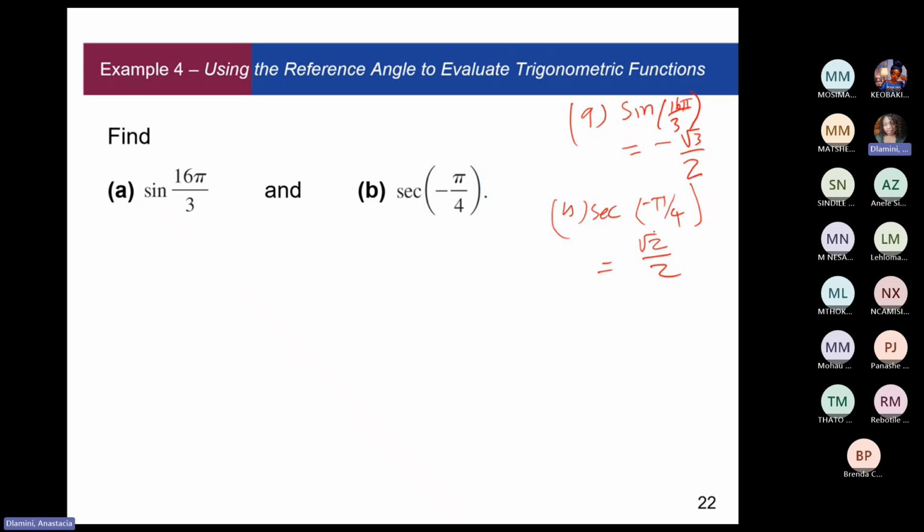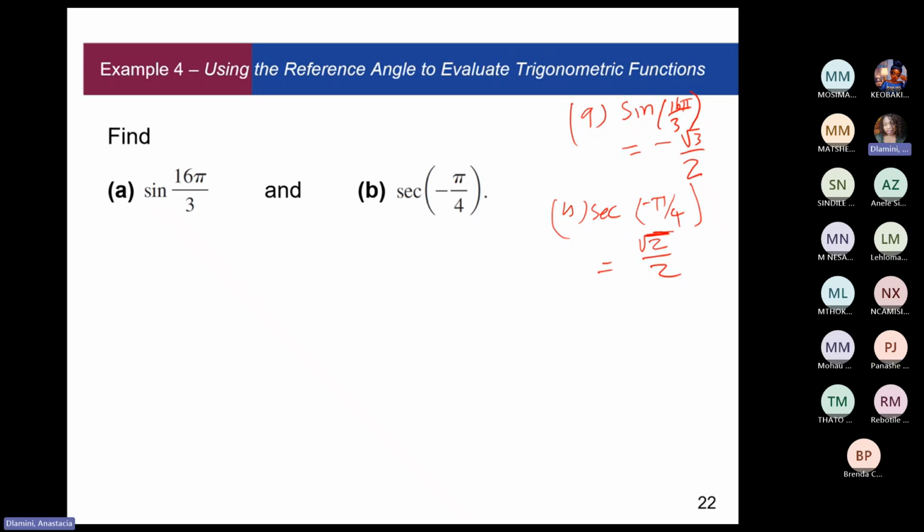I disagree with you here. Okay. Why? Think again. This is sec. So it's supposed to be what? 1 over cos. So then it has to be what? It has to be root 2, I think. Okay, I get it. I understand now. So the answer will be root 2 over 1.